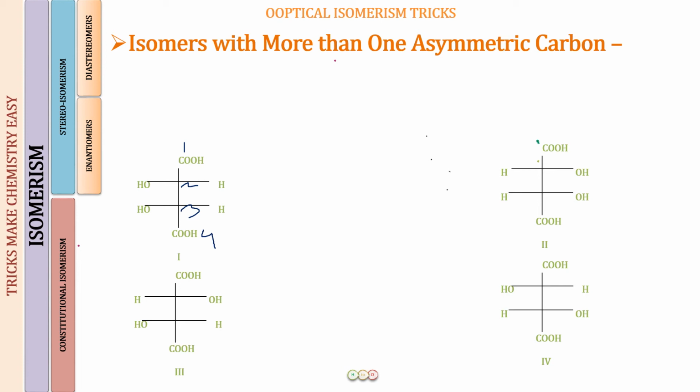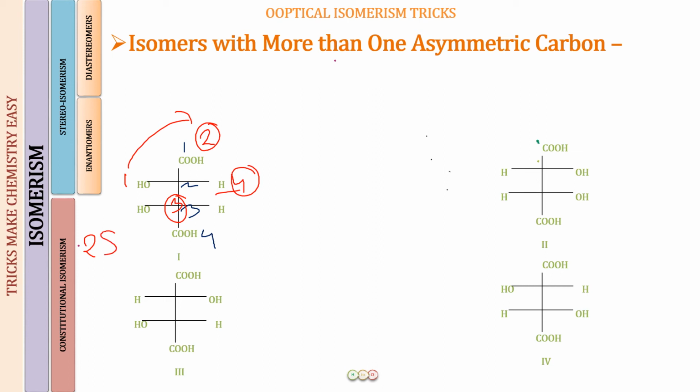So for C2, when we write whether it is an R configuration or the S configuration, OH is going to be group number 1, COOH will be group number 2, the chirality center C3 will be group number 3 and hydrogen will be group number 4. The arrow is in the clockwise direction. Hydrogen, group number 4, is present on the horizontal position. So this means you will be writing the reverse. So this means that this is going to be an S configuration for chirality center C2.